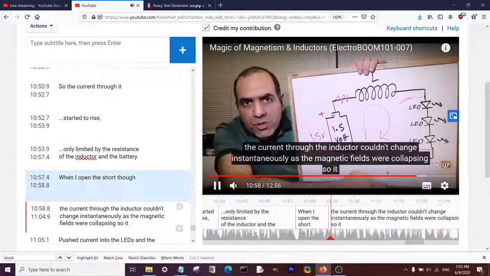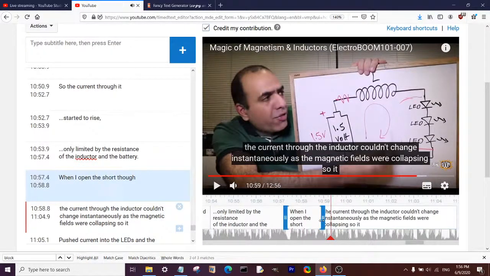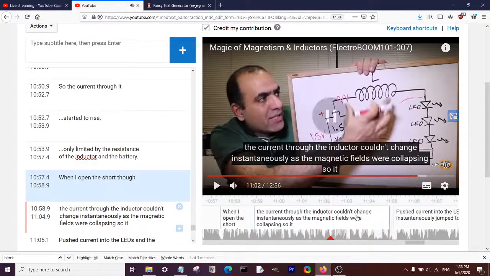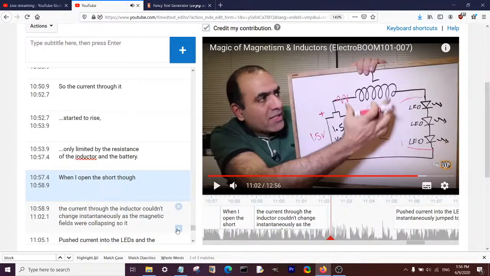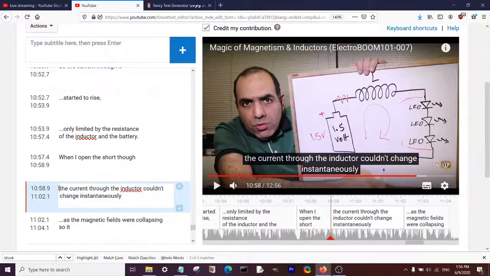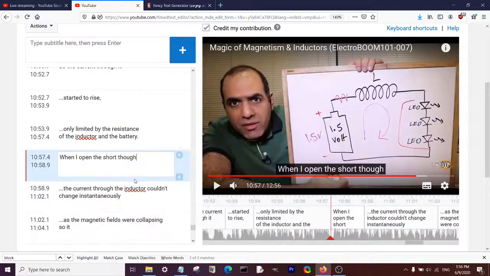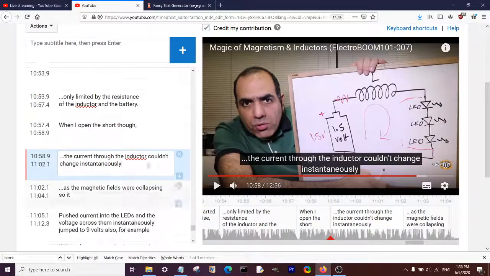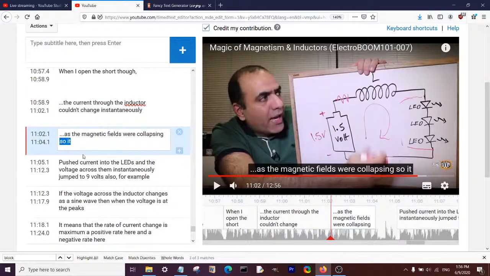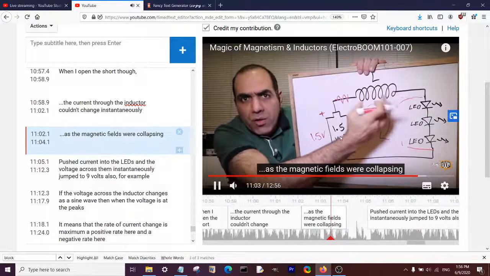When I opened the short though, the current through the inductor couldn't change instantaneously as the magnetic fields were collapsing.